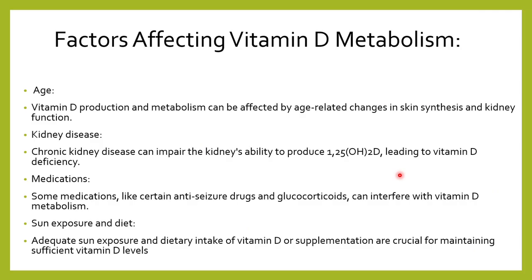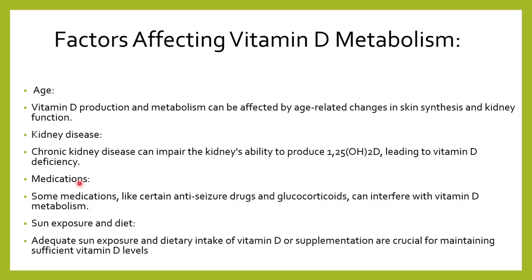What are the factors which affect vitamin D metabolism? One is age. This metabolism can be affected by age-related changes in the skin, kidney function, etc. Kidney disease: if the person has chronic kidney disease, this can impair the ability of the kidney to produce 1,25 dihydroxy vitamin D3, leading to deficiency.